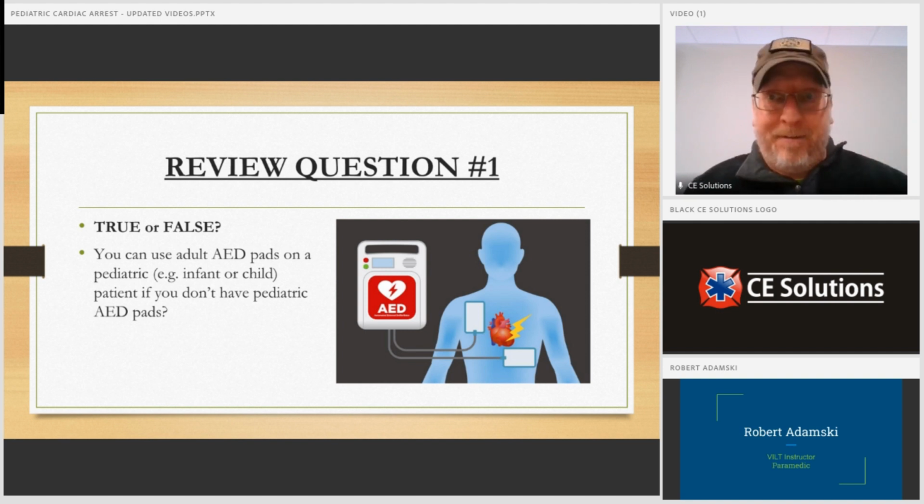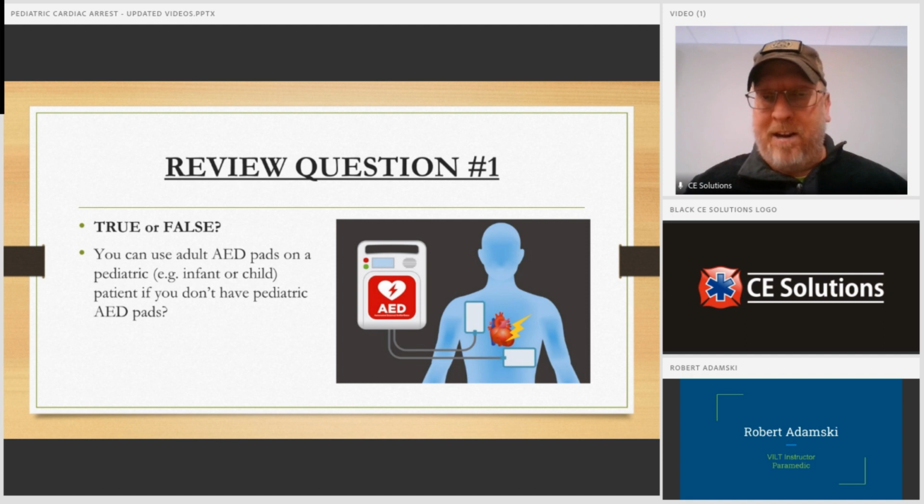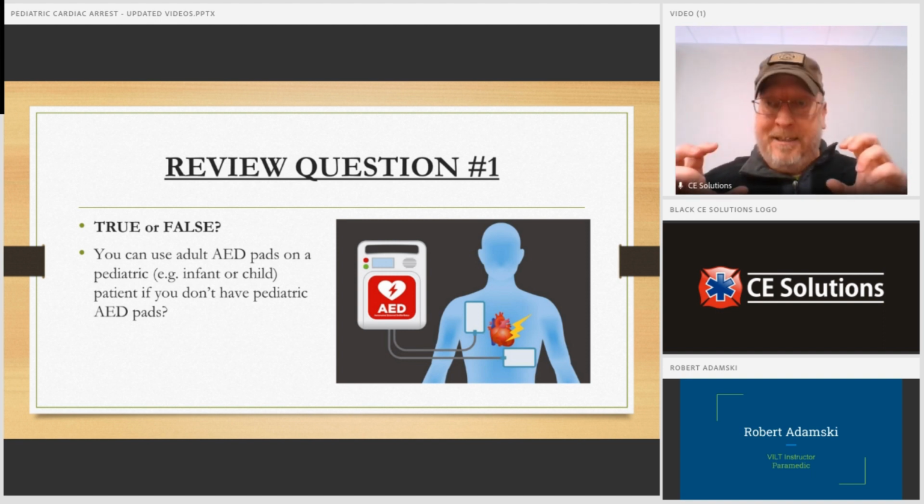How to do it effectively, and all the associated stuff with that. Defibrillation, pit crew style CPR, how we prevent cardiac arrest in our pediatric patients. All right. You know, the pediatric chain of survival. All of that is included in the pediatric BLS cardiac arrest protocols.